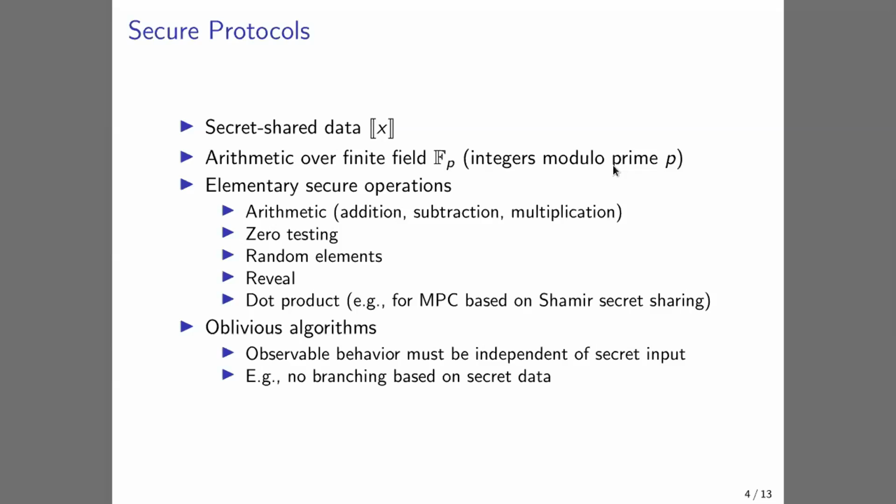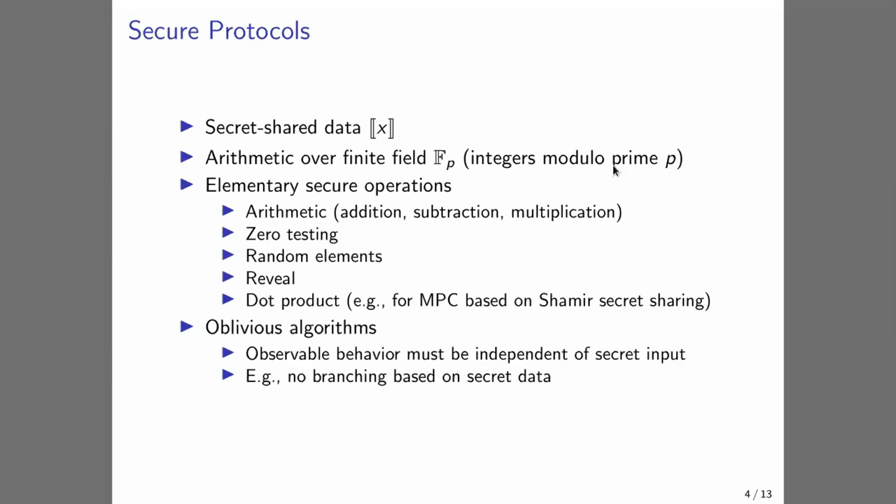And for the purpose of this work, because we will be dealing with linear algebra, an efficient dot product is also interesting for us. For example, MPC schemes based on Shamir secret sharing offer a very nice efficient dot product that is essentially, in terms of communication, just as expensive as a single multiplication.